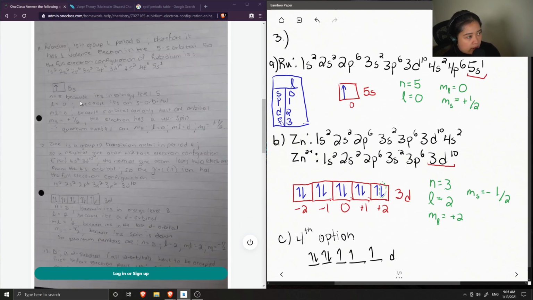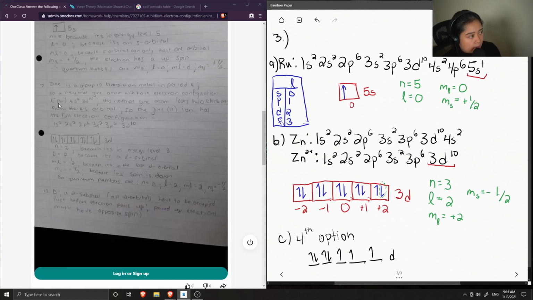And then they drew their diagram. N is equal to 5 because it's in energy level 5. L is equal to 0 because it's in an s orbital. ML is equal to 0 because the s orbital can only have one orbital. And ms is equal to plus half. The electron has an upspin.